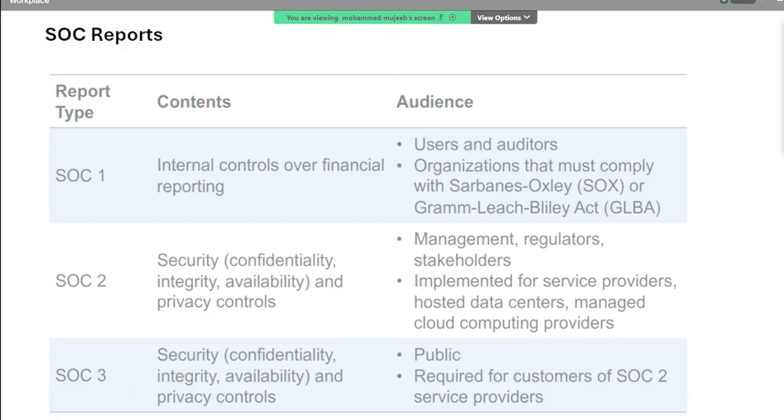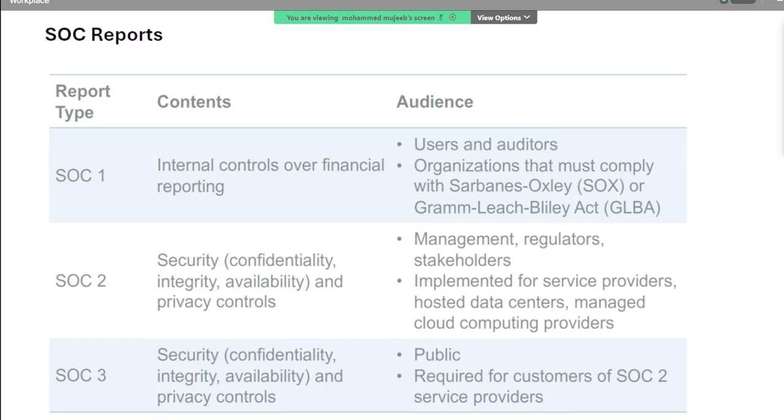They then have to follow SOX and GLBA laws. SOC 3 is a public security confidence report for customers of SOC 2 service providers. So if you're doing SOC 2, SOC 3 is almost covered. I'm pretty sure all of you have heard about SOC 2 audits. In our company we always have SOC 2 audits going on, and they last at least a few months.